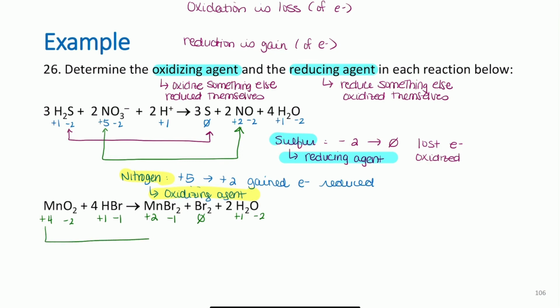Oxygen, -2, and each hydrogen, there's 2 of them, so each one will be +1. I see my manganese has changed. And in one case, bromine didn't, but in the other case, bromine did change. Let's see. So let's talk about manganese first.